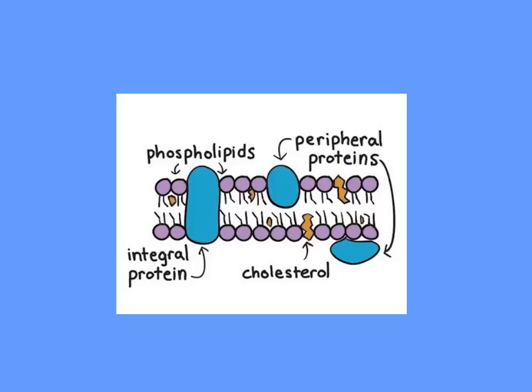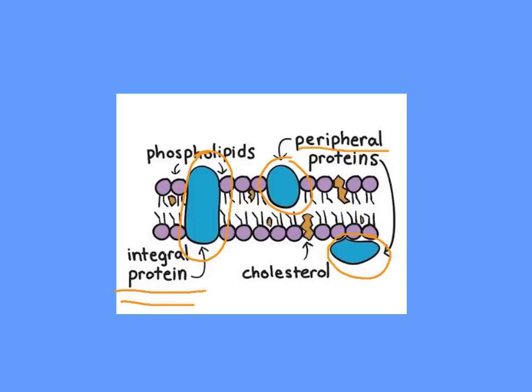This is just another picture in which you can identify the different positions of the proteins inside the membrane and also the cholesterol. For example, we have this structure, which is an integral protein that is crossing the whole bilayer of phospholipids. We have the peripheral proteins, which are located just on one side of the cell membrane.